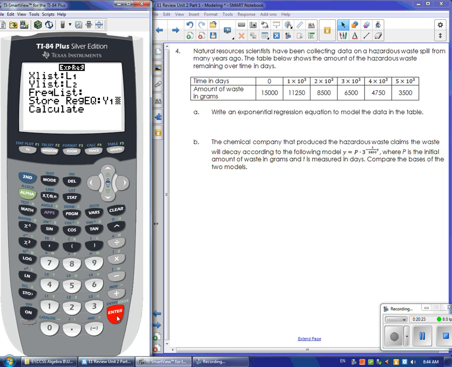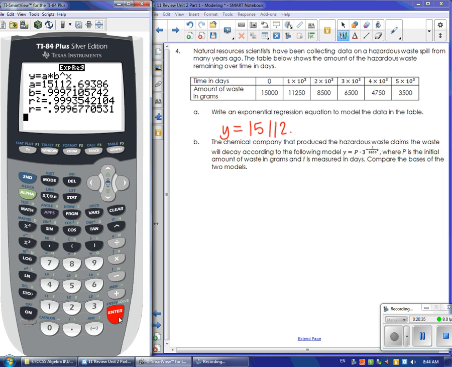It's a function. I'm going to store it in Y1. All right, and the equation that I get is going to be Y equals, the A value is 15,112.694. And my B value is 0.9997. And that will be raised to the X power.